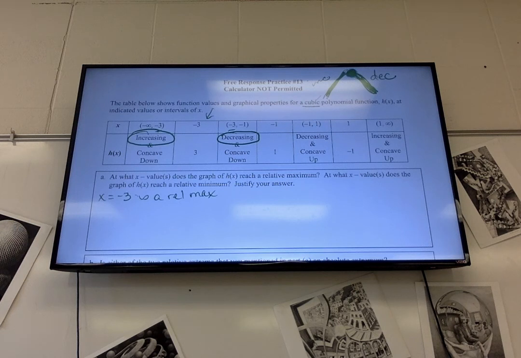Justify your answer, because h of x is increasing on -infinity to -3 and decreasing on -3 to -1.